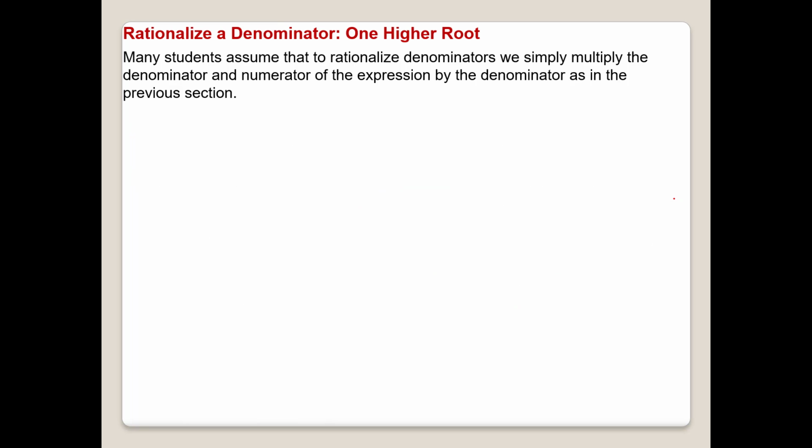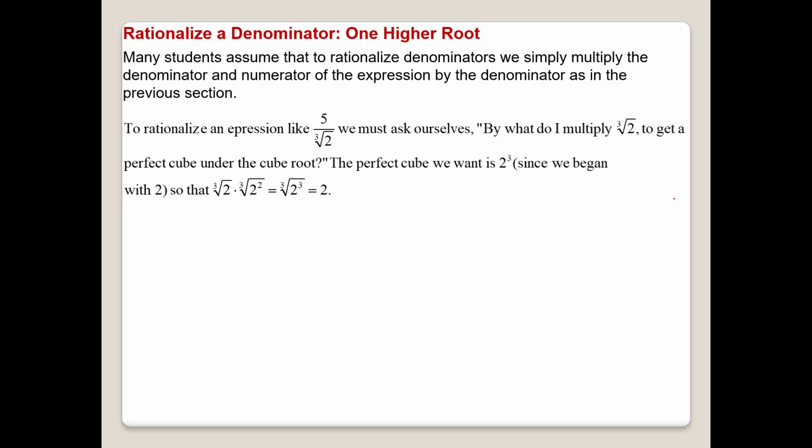All right, so rationalize the denominator, higher roots. Many students assume to rationalize denominators, we simply multiply the denominator and numerator of the expression by the denominator as in the previous section. So to rationalize an expression like 5 over cube root of 2, we must ask ourselves, by what do I multiply cube root of 2 to get a perfect cube under the cube root?